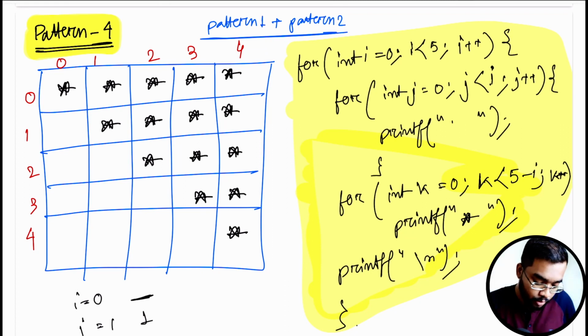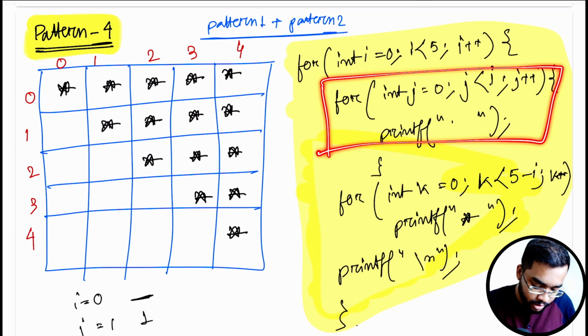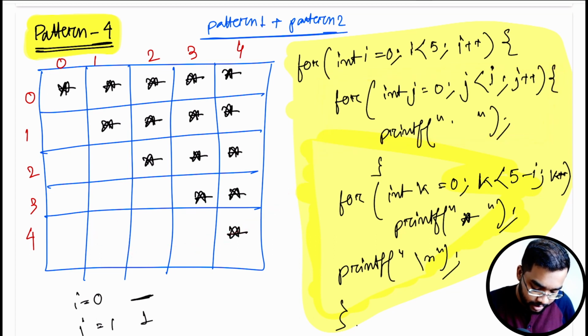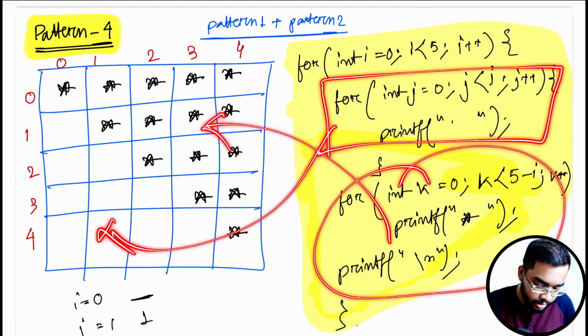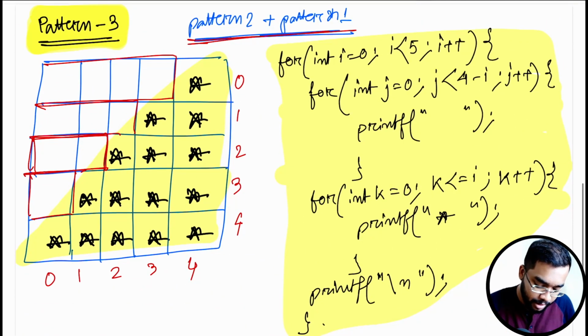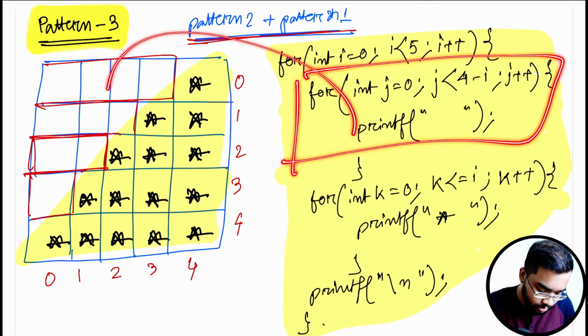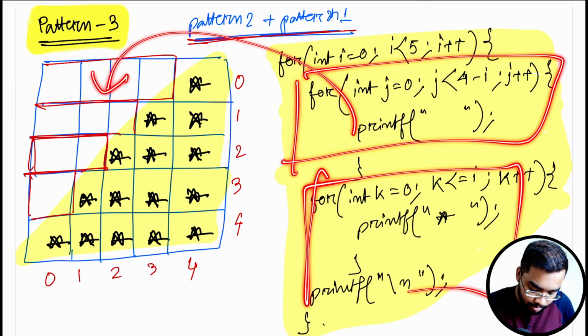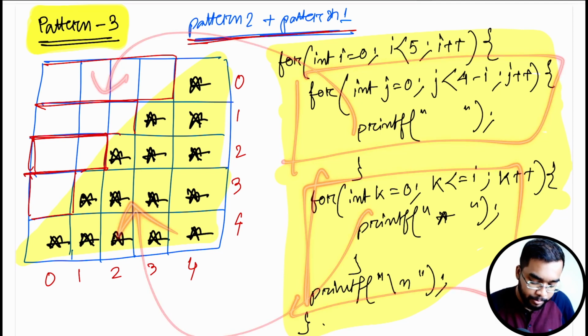So what is happening here? This is the part which we are using for the space, and this is the part which we are using for the pattern.